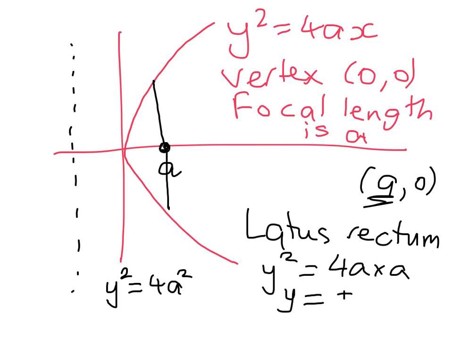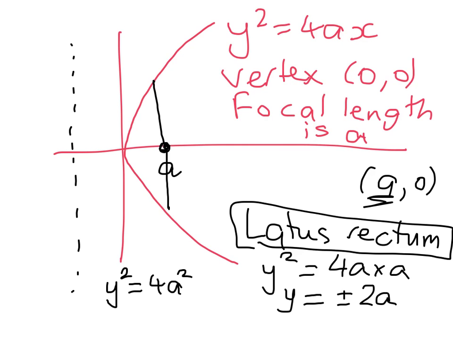Y is equal to plus or minus 2a. So the length of the latus rectum is always 4a, right, which matches up to what we've got in that equation. And that means I can plop 2 points onto my curve, one at 2a and one at negative 2a. But for that to work, I have to go from where the focus is. Okay, so if we know the focal length A, we know enough to draw the parabola and write the equation.